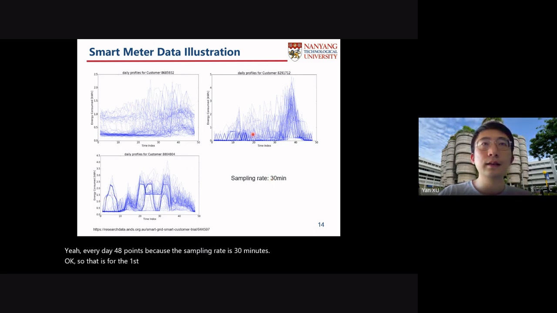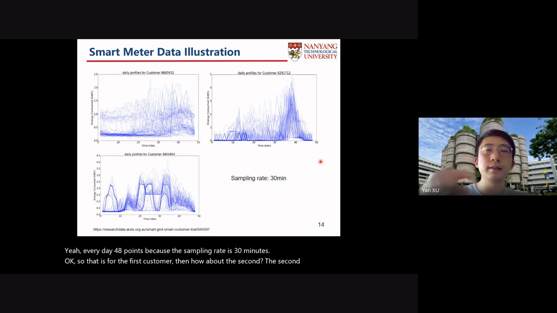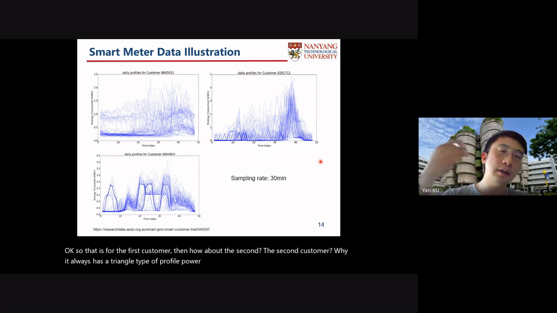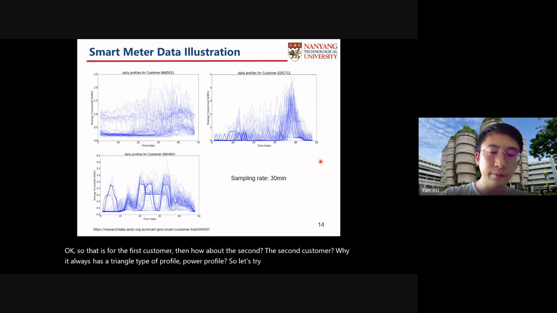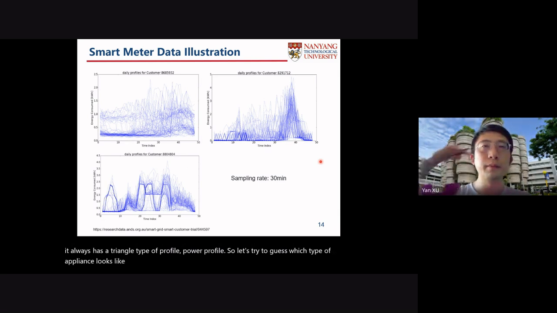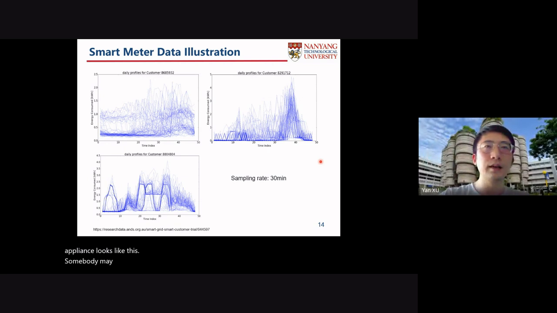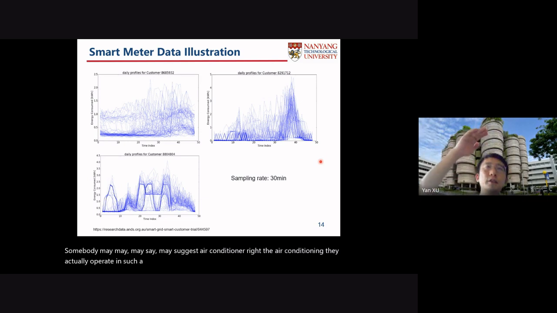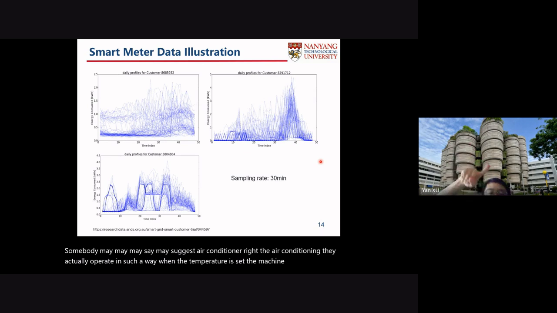Then how about the second customer? Why does it always have a triangle type of power profile? Let's try to guess which type of appliance looks like this. Somebody may suggest the air conditioner. Air conditioners actually operate in such a way. When the temperature is set, the compressor will operate, draw power, and lower the temperature.